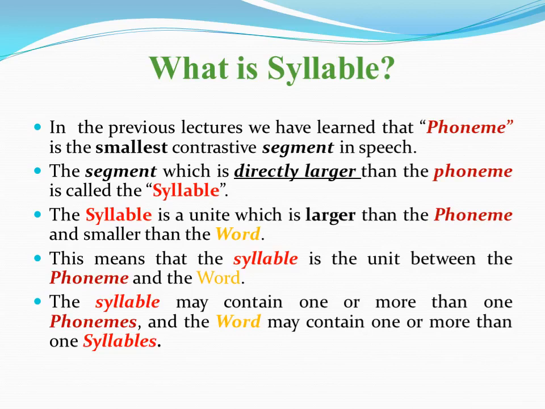It is the unit between the phoneme and the word. The syllable itself may consist of one or more than one phonemes, while the word consists of one or more than one syllables.